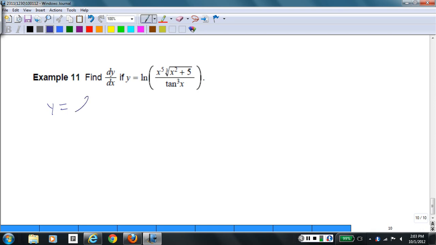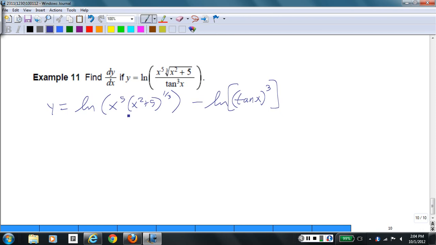So y equals the natural log of x to the 5th times x squared plus 5 to the 1/3 minus the natural log of tangent x cubed. So, no derivatives, just log of a quotient equals the difference of the logs.